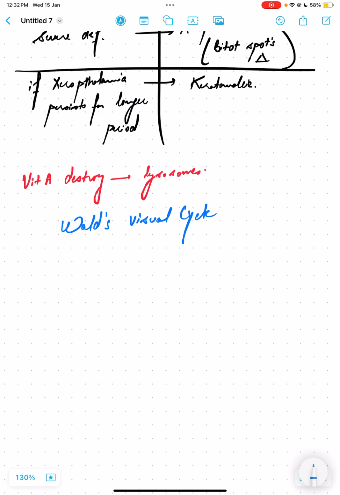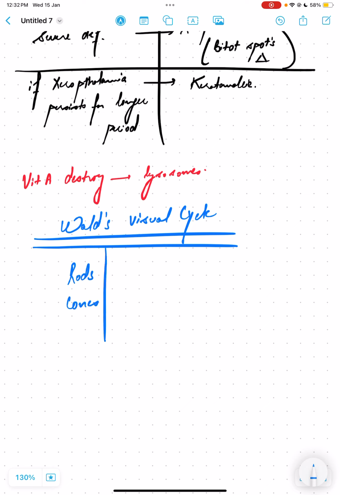Before starting with Wald's visual cycle, we should know that in our eyes we have something called rods and something called cones. Both rods and cones have different functions, and it sometimes gets very confusing which is associated with color and which helps us to see.